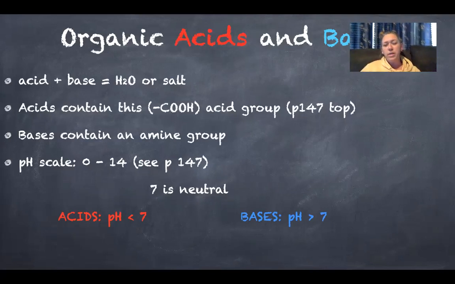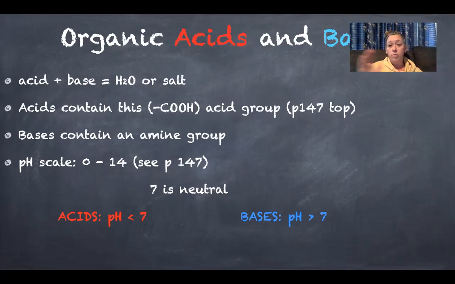Bases contain an amine group, usually like NH3, but they didn't specifically draw those, because they differ sometimes. I don't know if you've heard of the pH scale, but 7 is neutral, like we see there. Acids are below 7 and bases are above 7.